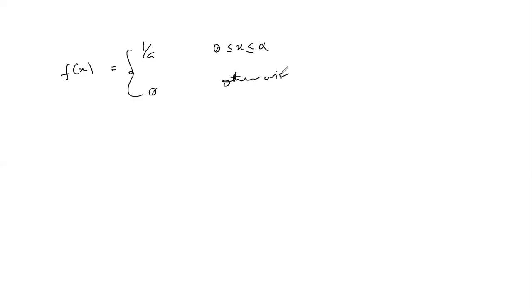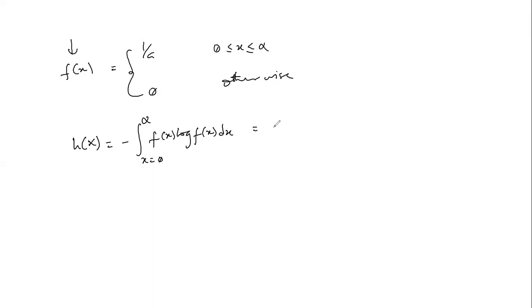Okay. So going by the definition of the differential entropy, since we have a continuous density function, the differential entropy will be the integral for x from 0 to alpha of f of x log f of x dx.